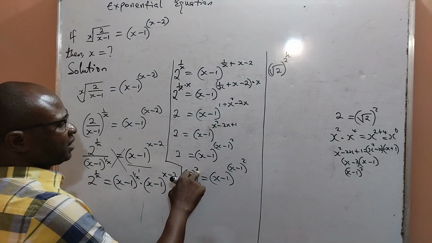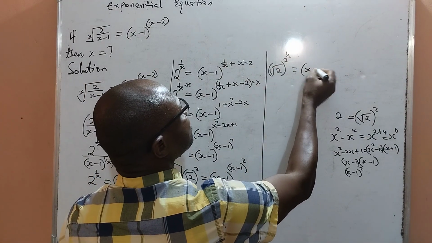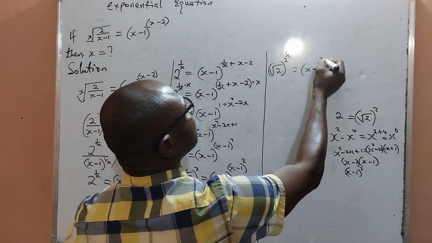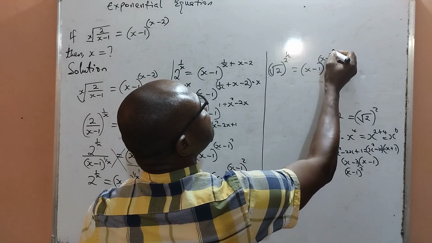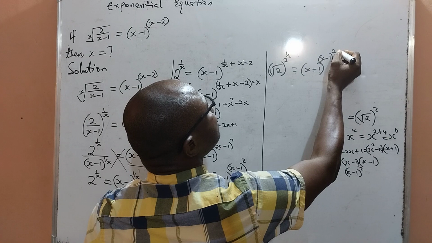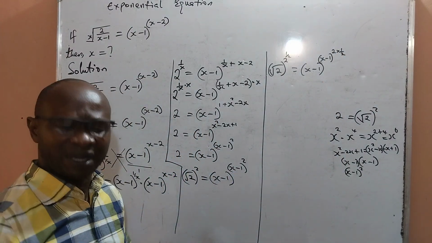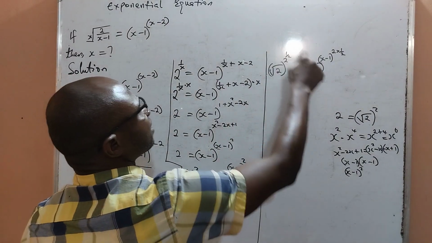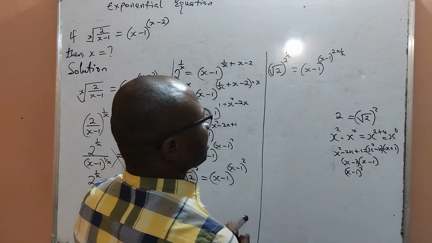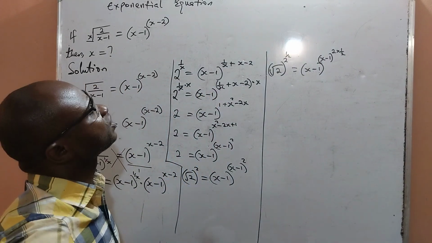I will do the same thing to the right hand side, which will now give me (x minus 1), then to the power of (x minus 1), then to the power of 2 multiplied by 1 over 2. That is what I have now. You see now, 1, 2, 3. Alright? So, the exponent raised to the power half.